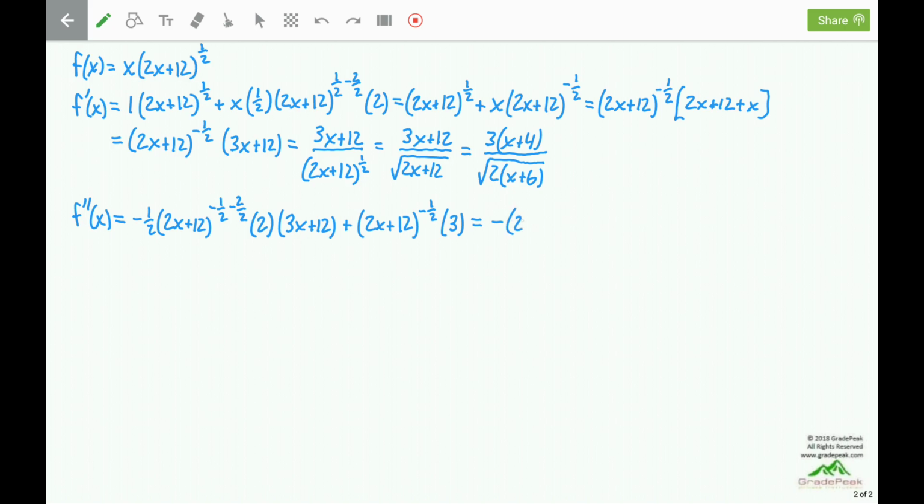We will have a 2x plus 12 to the minus 1 minus 2, minus 3 halves power, and then times a 3x plus 12. For the second term, we can move the 3 to the front, and we have a 2x plus 12 to the negative 1/2 power.